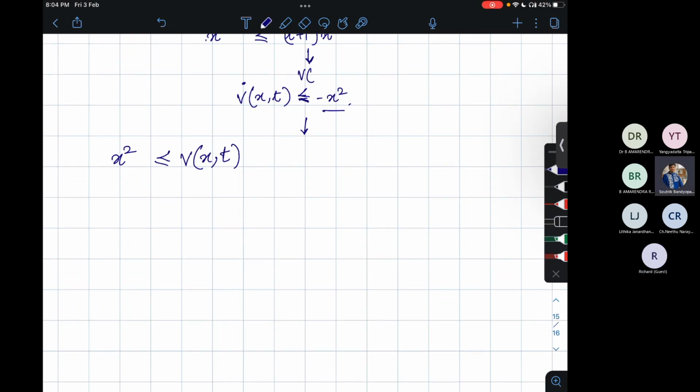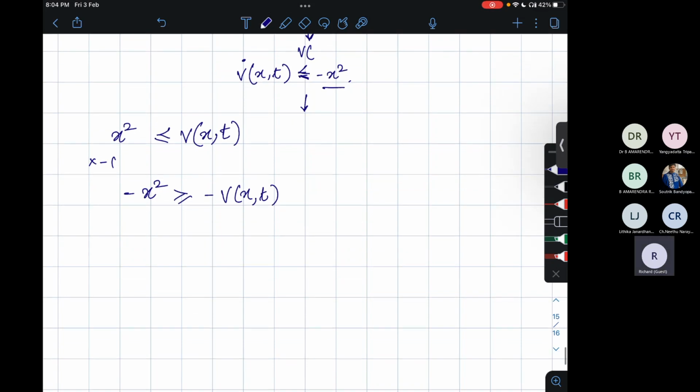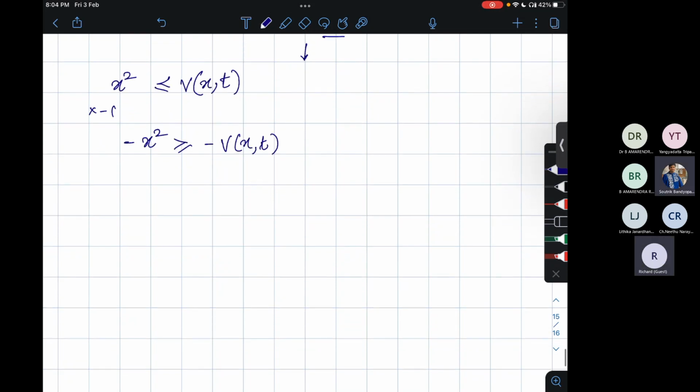If I multiply by -1 on both sides, minus x squared is less than minus V of x,t.